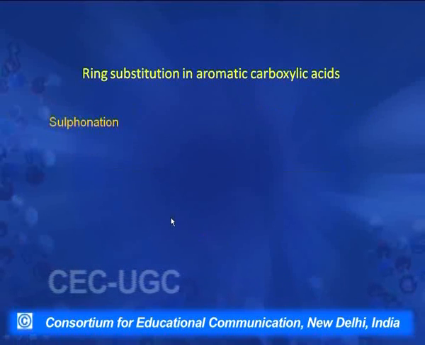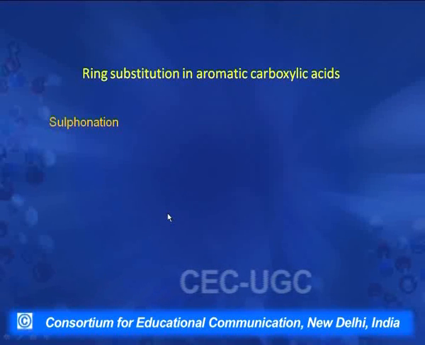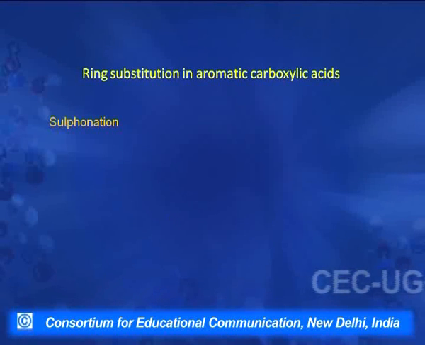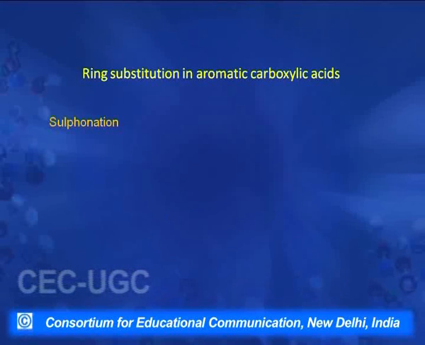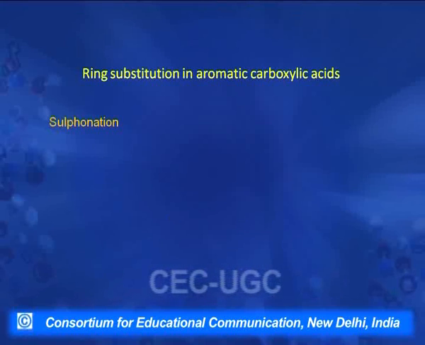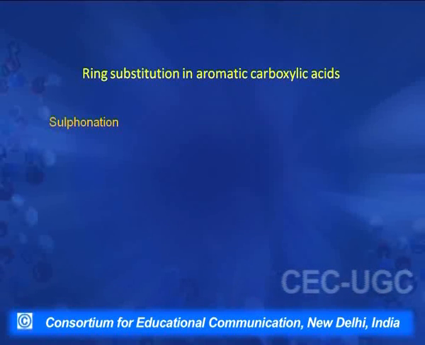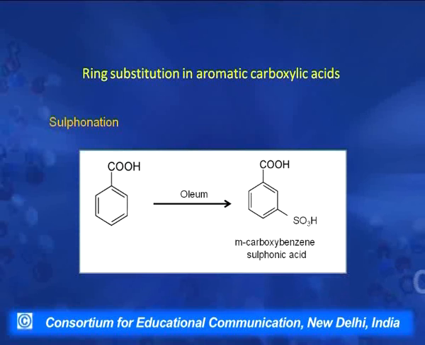For sulfonation, we generally use concentrated sulfuric acid, but this is a substance having a carboxyl group already there, less reactive than benzene, so we need stronger conditions, and oleum is used for this. Oleum is H2S2O7, or basically it is a solution of sulfur trioxide gas in concentrated sulfuric acid, and the benzoic acid reacts with oleum to give meta-carboxybenzene sulfonic acid, means sulfonation occurs at the meta position.